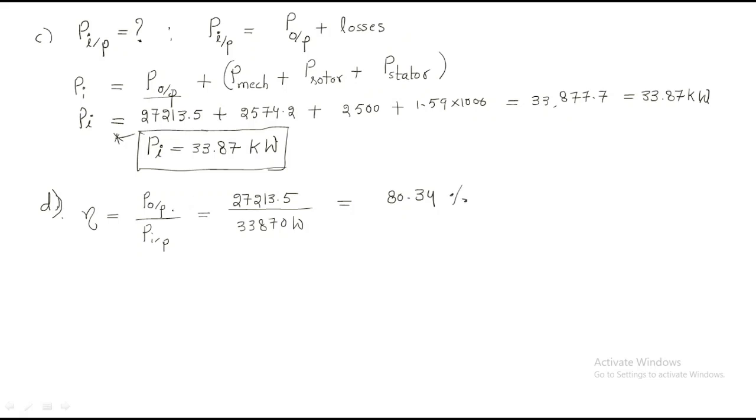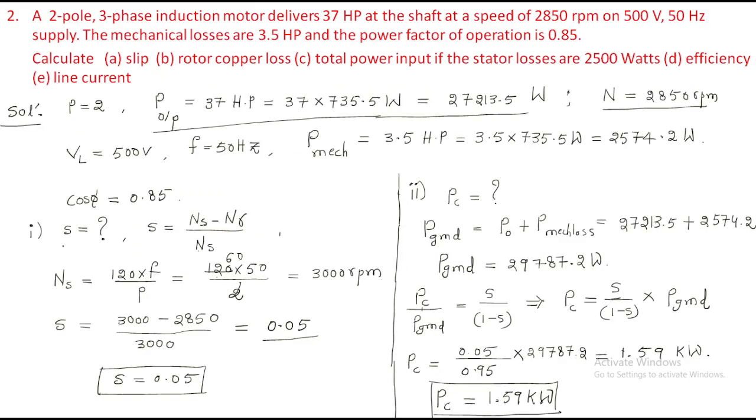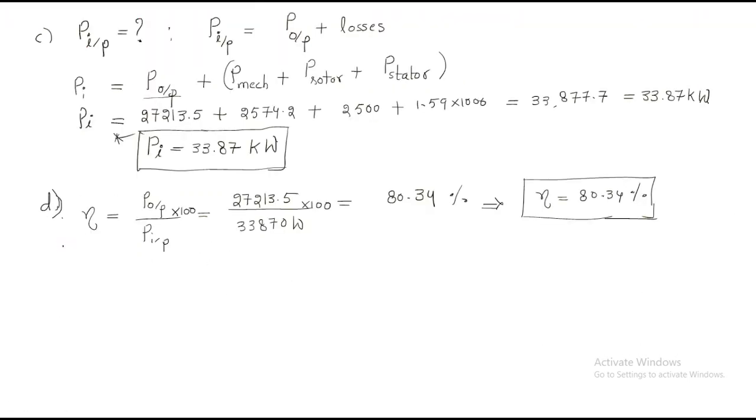To get the percentage we multiply by 100. So the efficiency equals 80.34 percent.